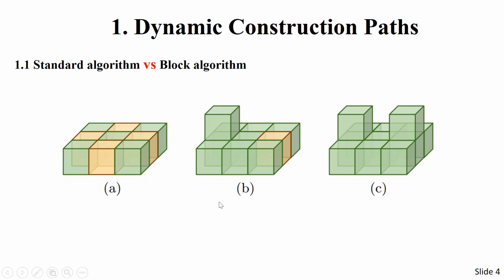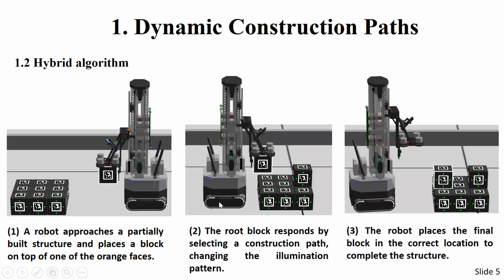However, with a hybrid algorithm, which is the block algorithm, we are able to solve this problem by lighting. In the first place, the structure is lighting 4 building sites yellow to show that the build-bot is able to build 1 block on the top.